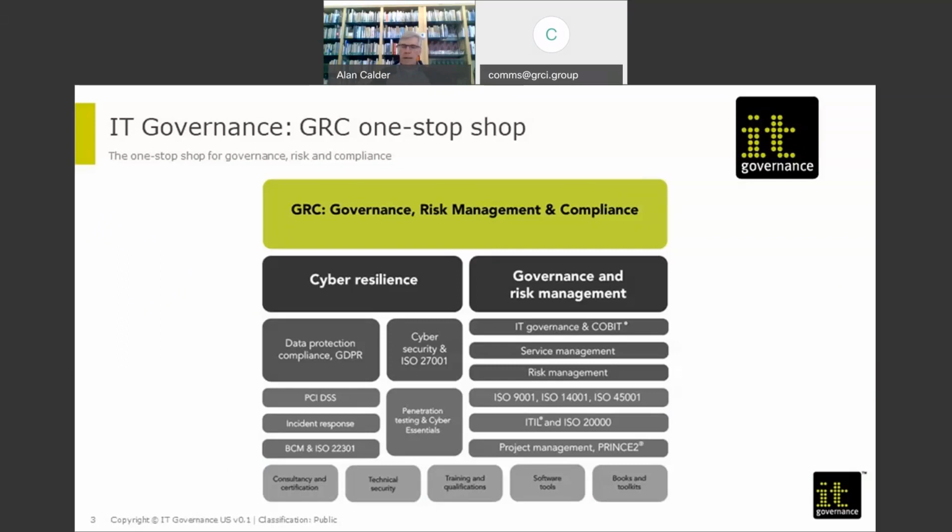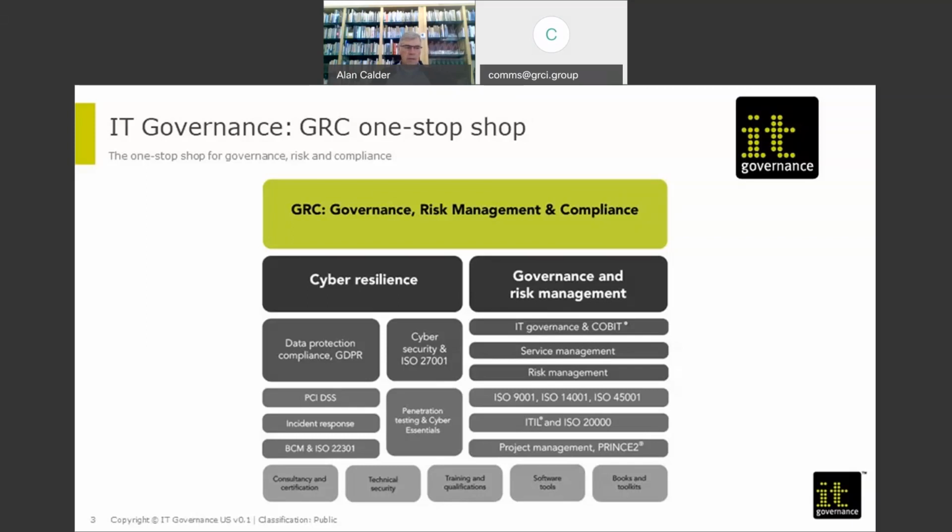We also have a big activity around governance and risk management, dealing with service management, a range of other national and international standards, and we deliver services through a range of different channels, starting from books and documentation template toolkits in our publishing division.